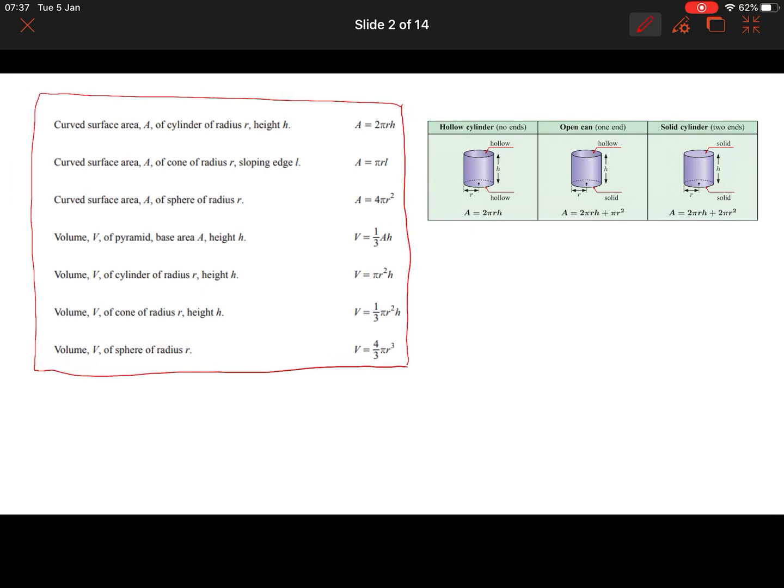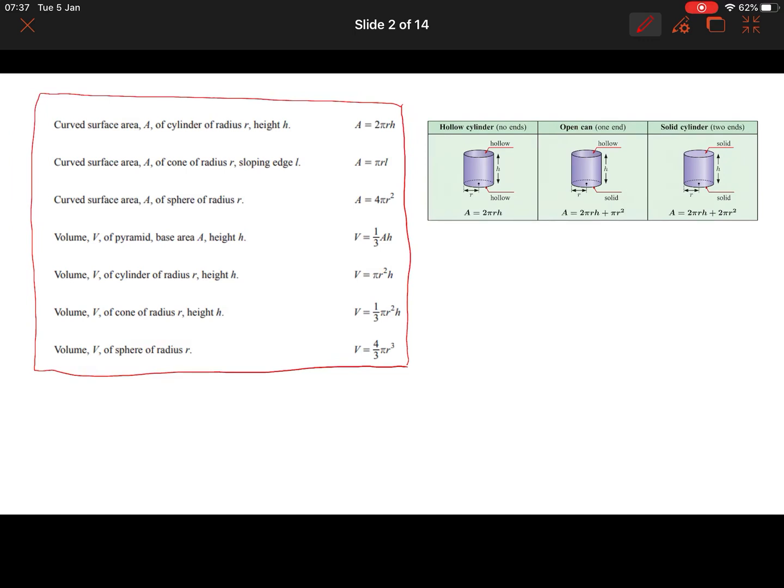So you get volumes of pyramid, cylinder, cone, and sphere. And you're also given the curved surface areas of a cylinder, cone, and a sphere. Okay? But what I expect you to be able to do is to adapt these formulas depending on what information the question is giving you.